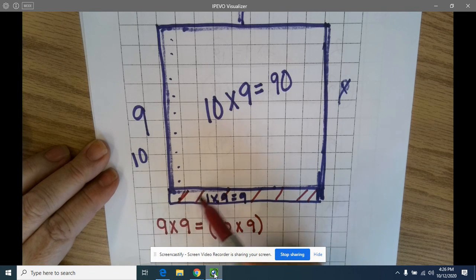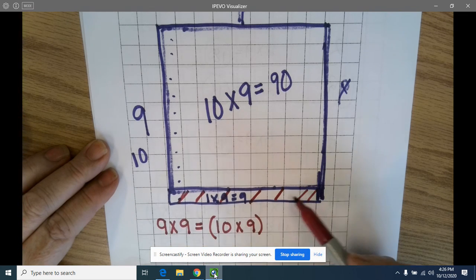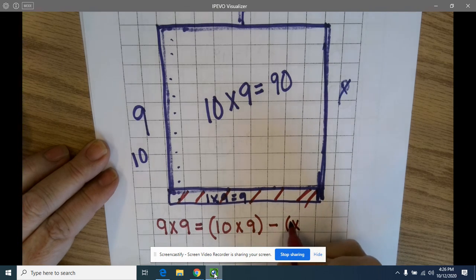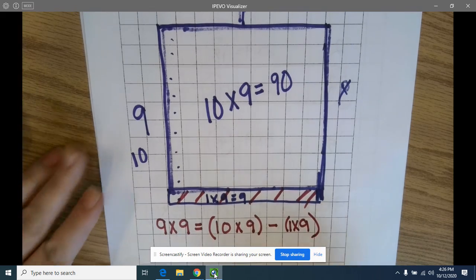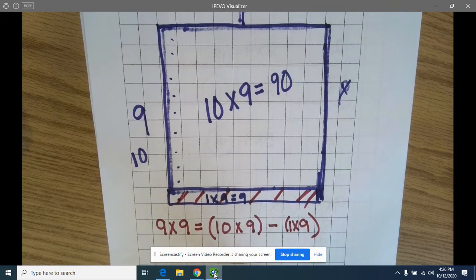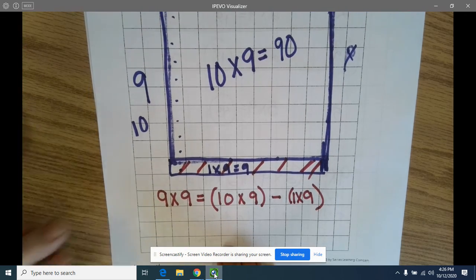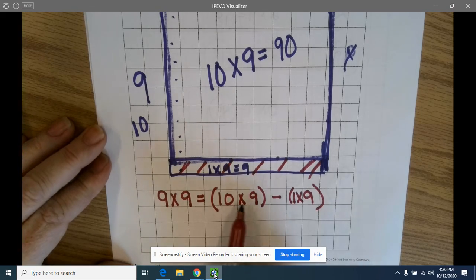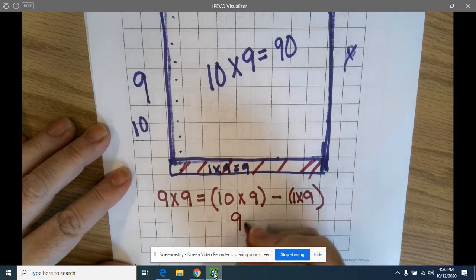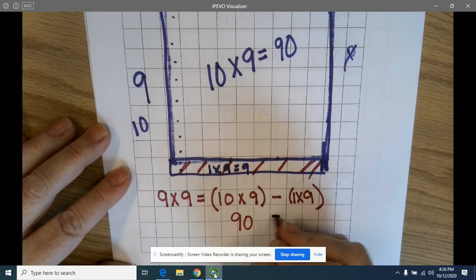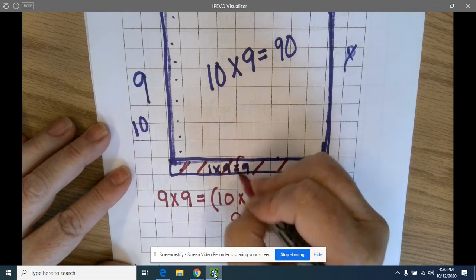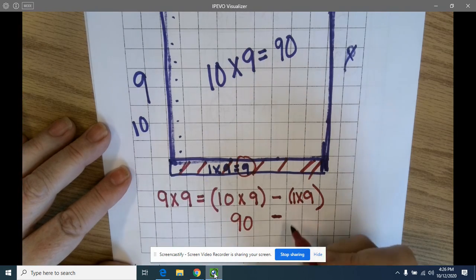We had to remove, that is subtracting, that one row of 9 because it really wasn't there. So 10 times 9 is 90. And we have to subtract this one row of 9.